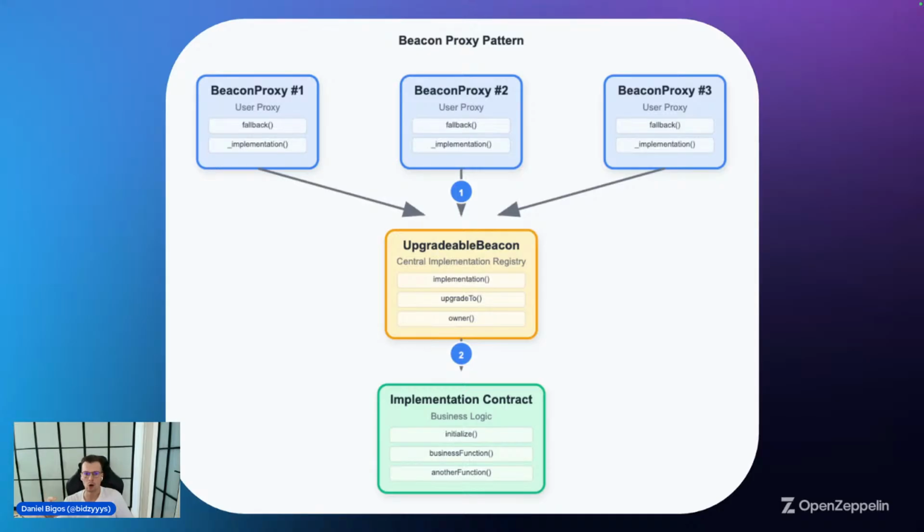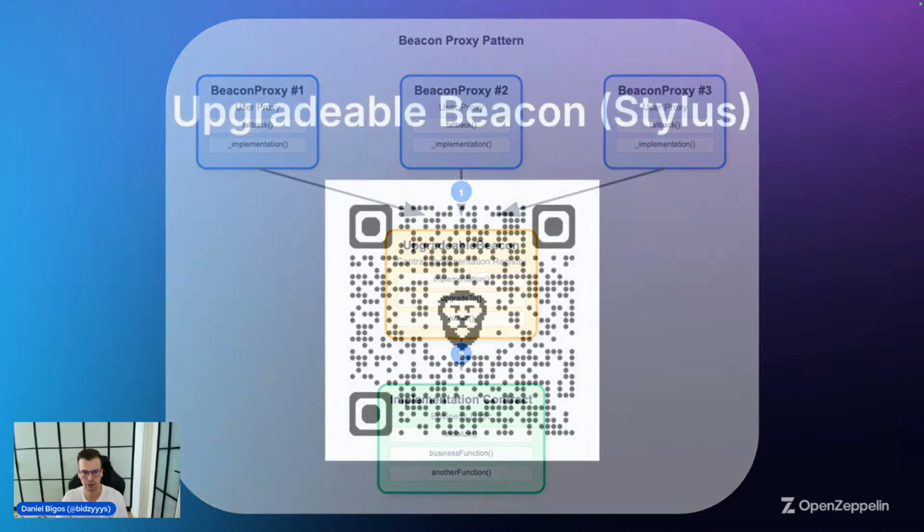The beacon proxy will forward the call to the implementation contract to just do the calculation and forward the result to our Solidity hook. In case we would like to perform an upgrade, we, as the owner, would need to call the upgradable beacon. Now let's have a look at how to build both the upgradable beacon contract and the beacon proxy contract.